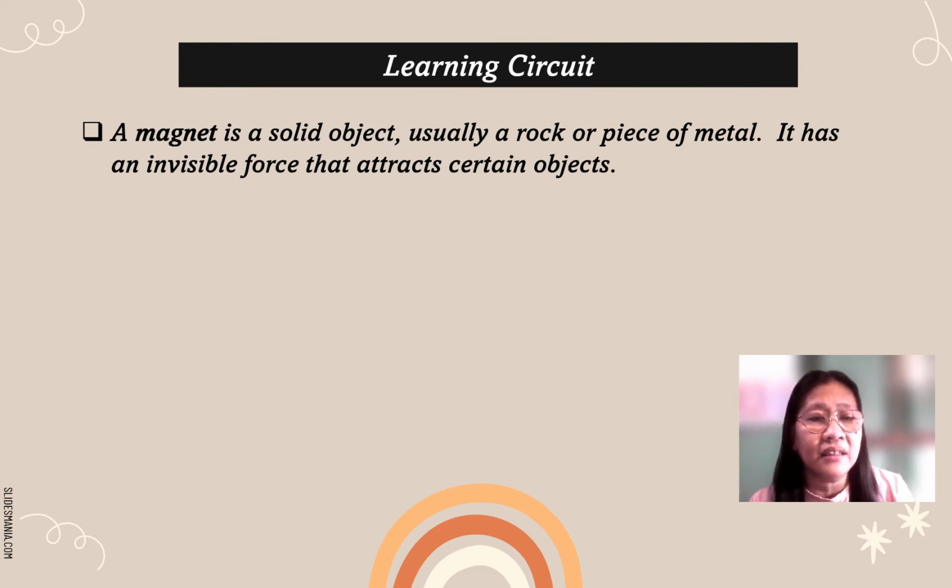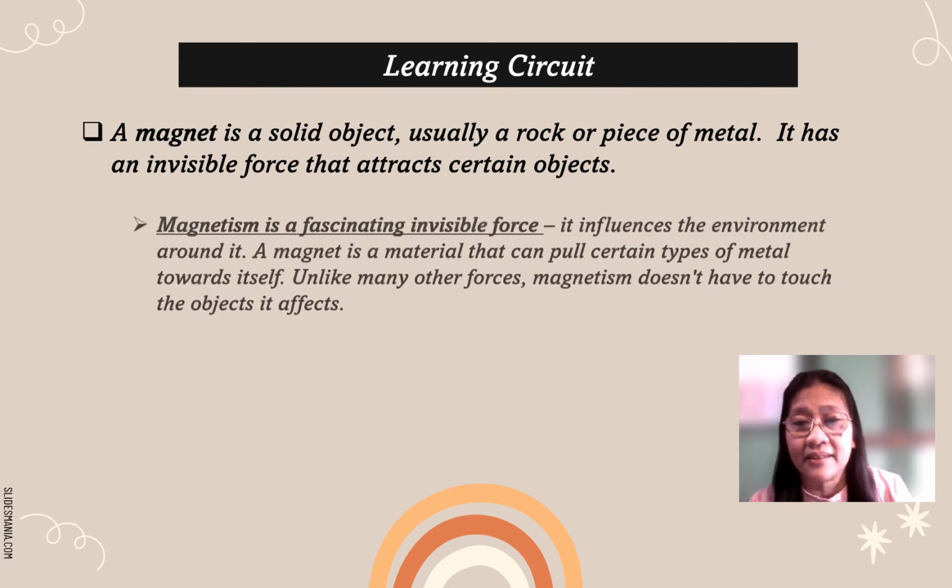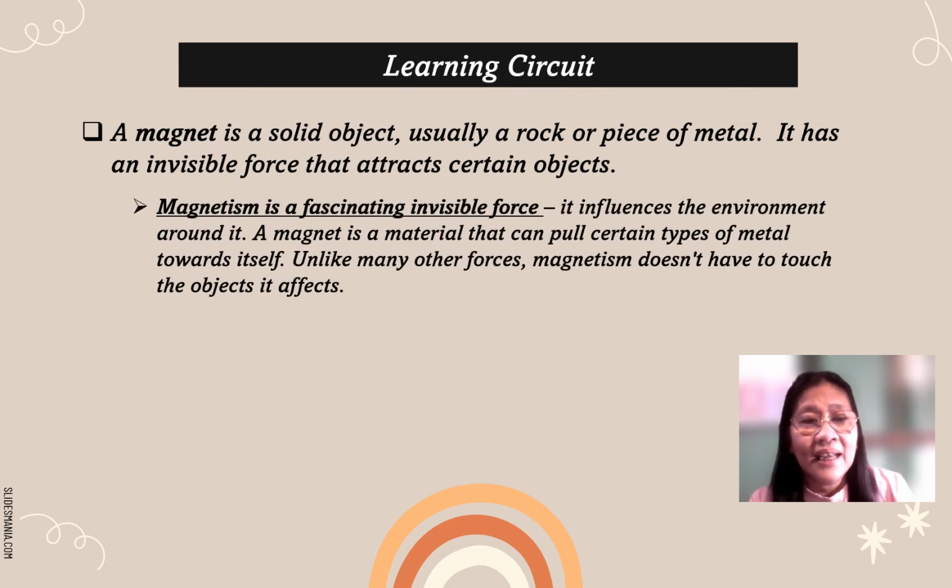It has an invisible force that attracts certain objects. Magnetism is a fascinating invisible force. So that invisible force that a magnet possesses is called magnetism. It influences the environment around it.